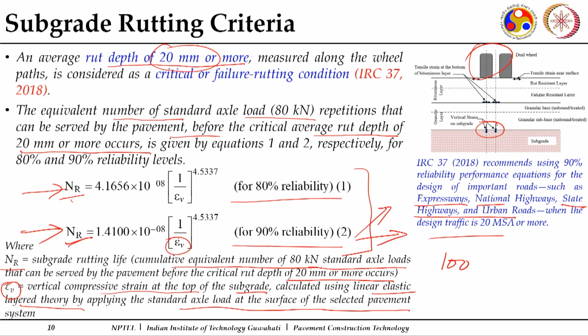Say the value of my design traffic is 100 MSA, for a road designed for 20 years of life. Then this NR value should be more than 100 MSA, so that this structure will not fail because of subgrade rutting. This NR value may be, say, 110 MSA.